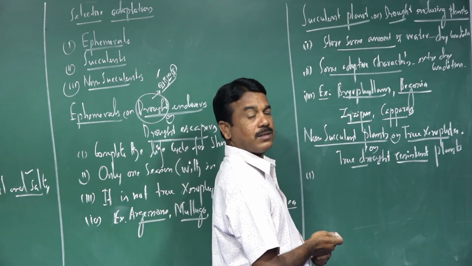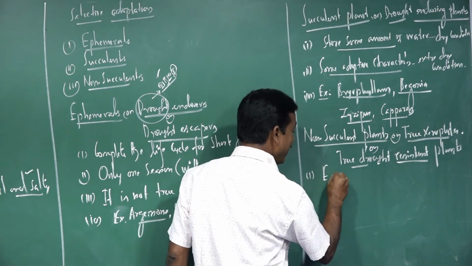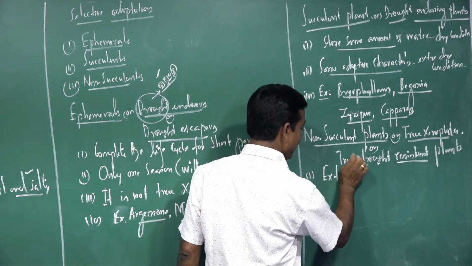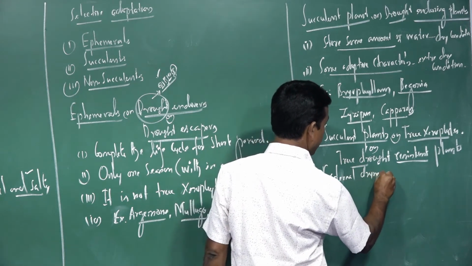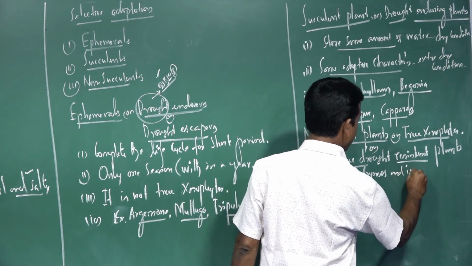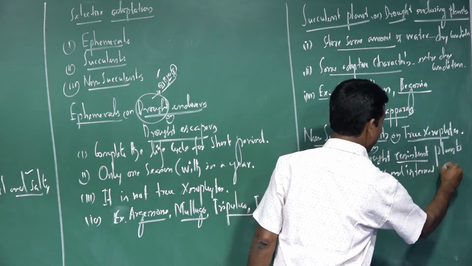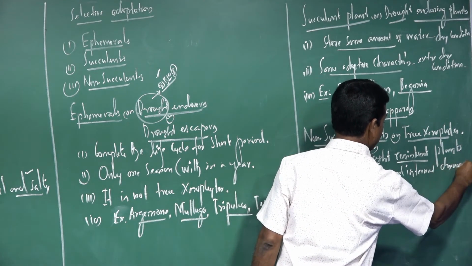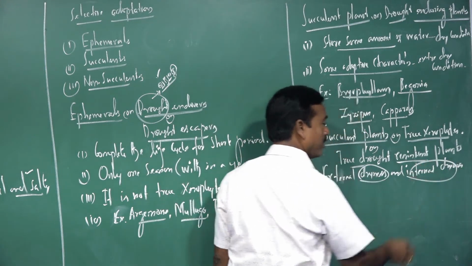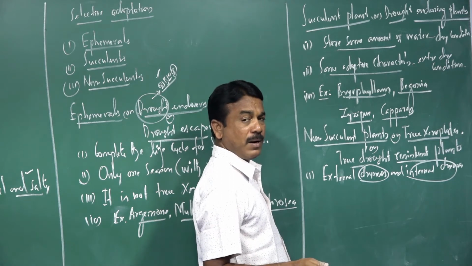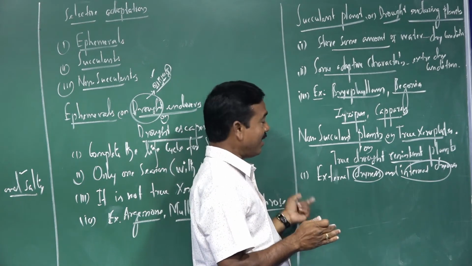These plants are adapted to both external dryness and internal dryness. They face trouble from both, so the dry situation is not only external but also internal.